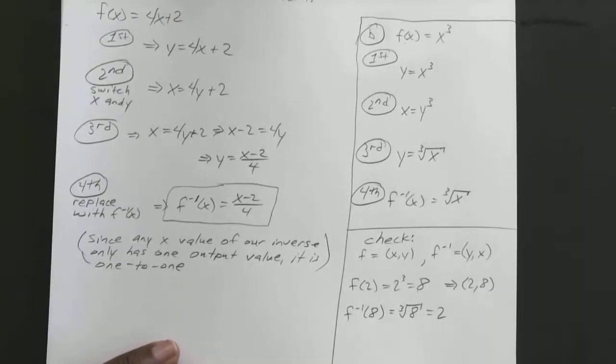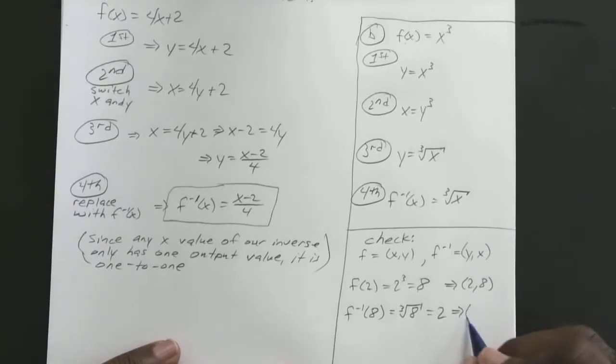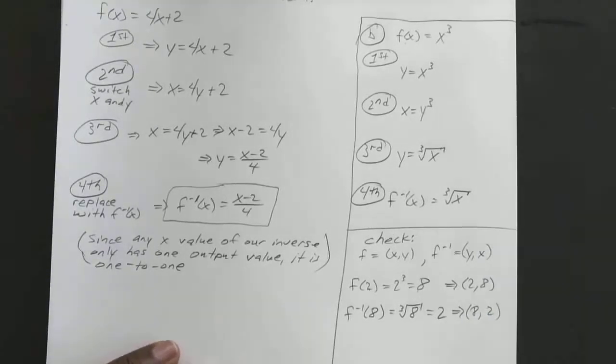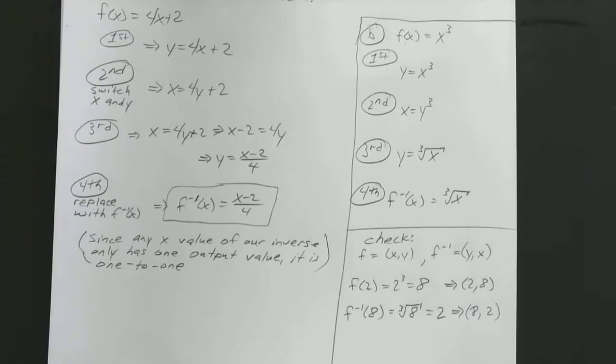And f inverse of 8 is going to be the cube root of 8, which is 2. So here, your x and y will be 2, 8, and your y and x would be 8, 2. Okay. Because remember, you did interchange your x and y's here. All right. So any questions on that one?